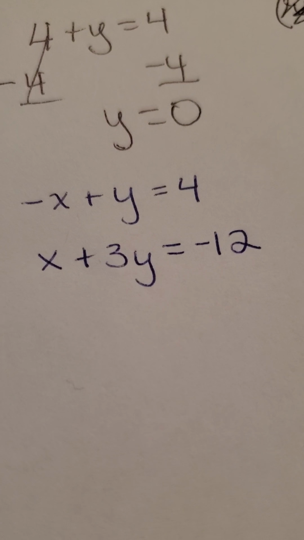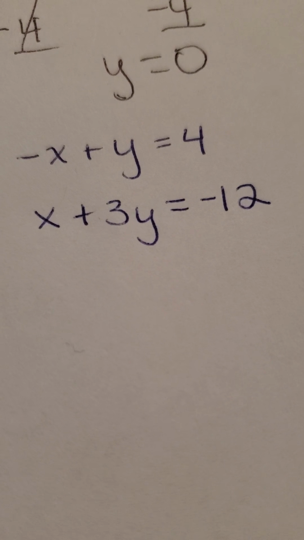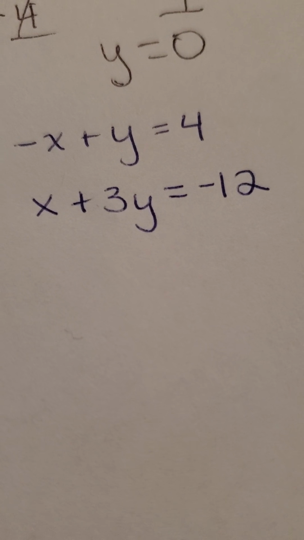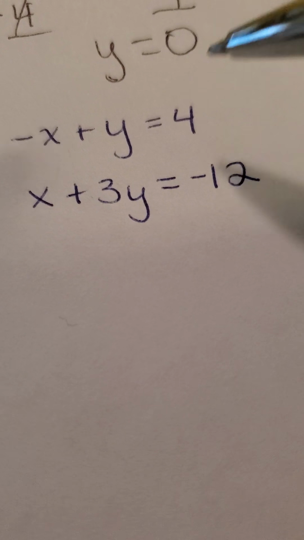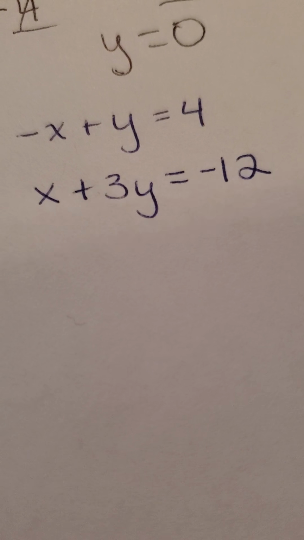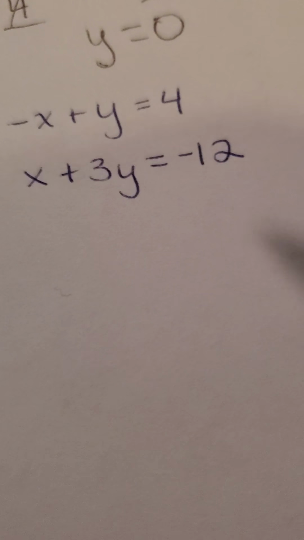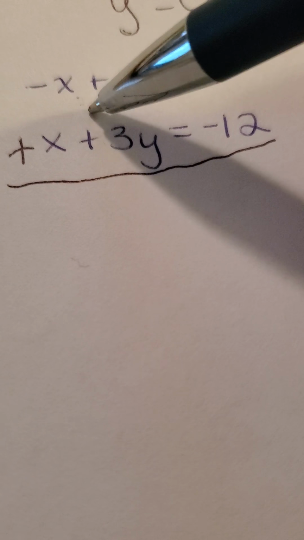Another example here, I've got negative x plus y equals 4 and x plus 3y equals negative 12. So this time I have opposite signs in front, and the same number in front of the x's. It happens to be a 1 again. So whenever I add these two equations, the thing that's going to go away this time, or be eliminated, is the x because they have opposite signs and the same coefficient in front.